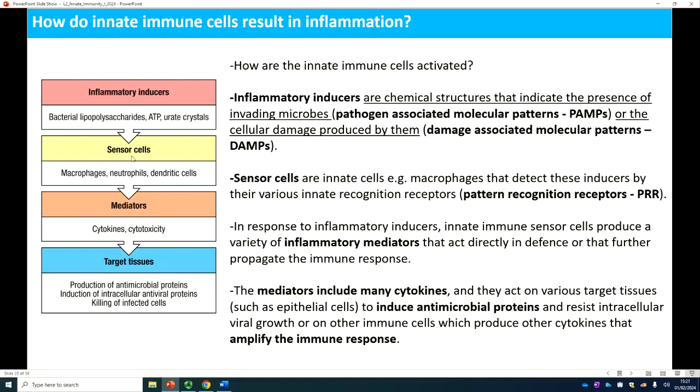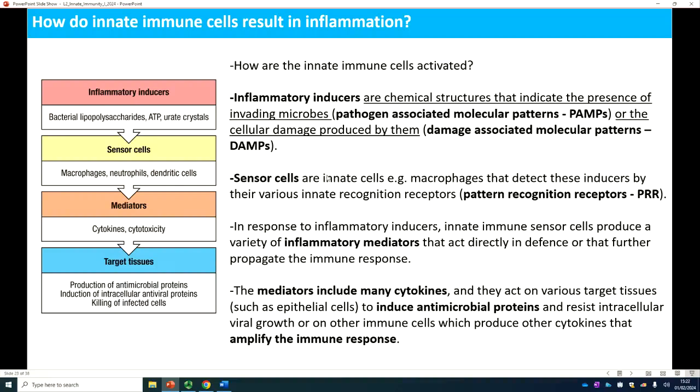We then have our sensor cells of the innate immune system. So these will be our macrophages, our neutrophils, our dendritic cells. And these will have these innate recognition receptors on their surface, which are called pattern recognition receptors, or PRRs. And the job of the pattern recognition receptor is to recognize either the PAMP or the DAMP, okay?